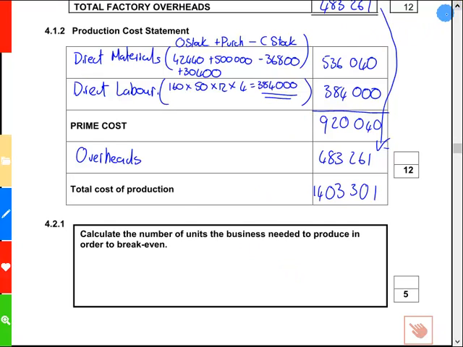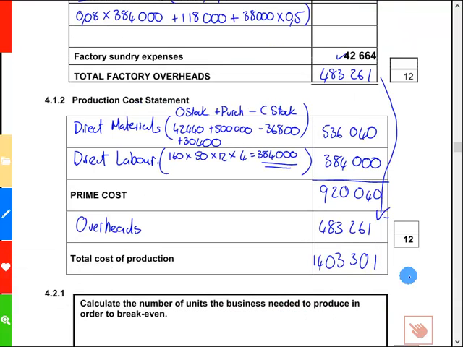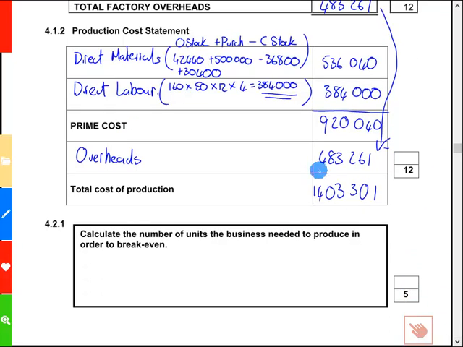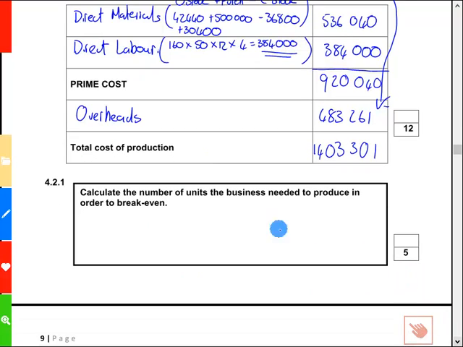So we just took the information step by step. Every time we asked ourselves, what are the two questions we asked? Okay, so we asked those two questions. Is it related to making the finished product? Then we know it's a product cost. If it's related to making the finished product, then we know it's a product cost, part of the production cost statement.